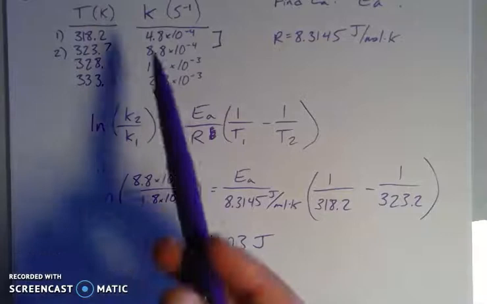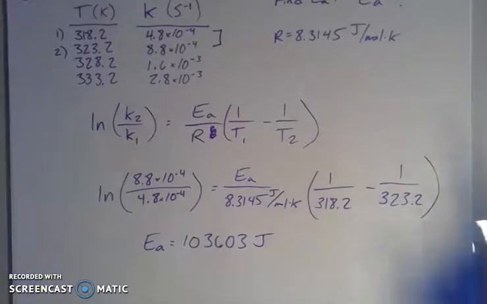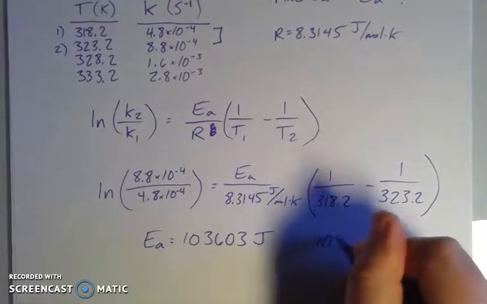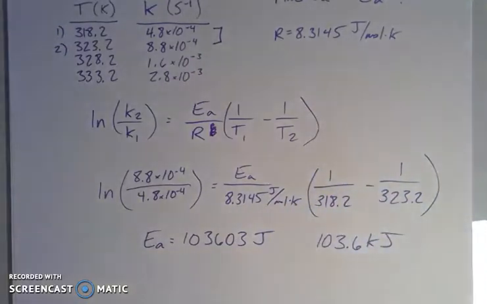Because we're limited to, looks like 2 actually, sig figs from our K, we'd probably be using fewer. If we keep 4 from my temperature, that would give me 103.6 kilojoules. If we were just doing 2 significant figures, we'd do 1.0 times 10 to the second kilojoules. So that would be fine too, depending on which ones we're taking into account.